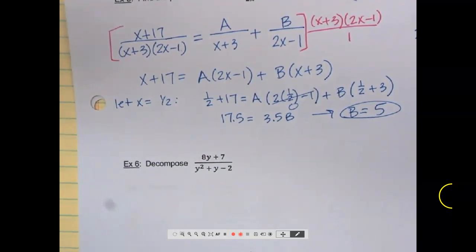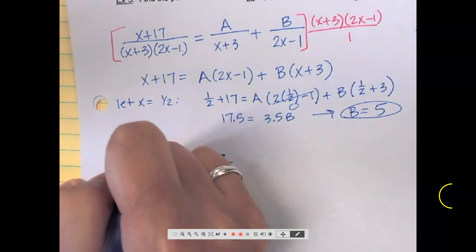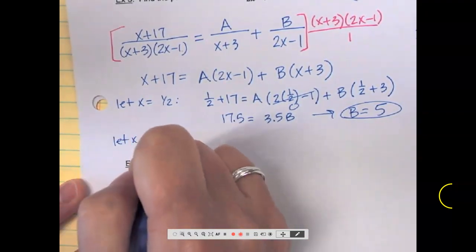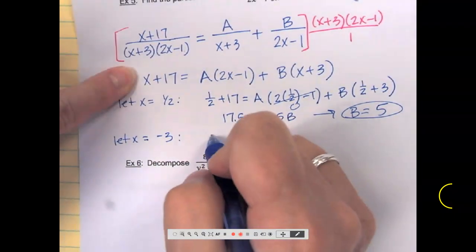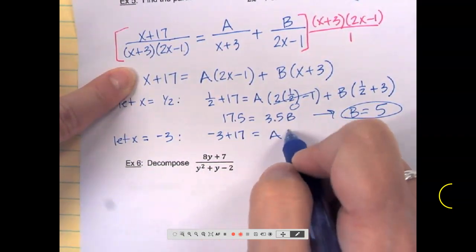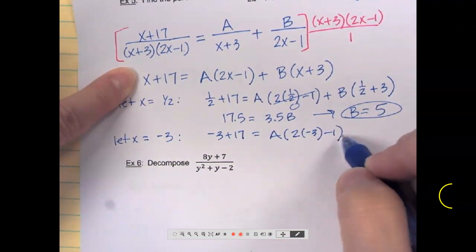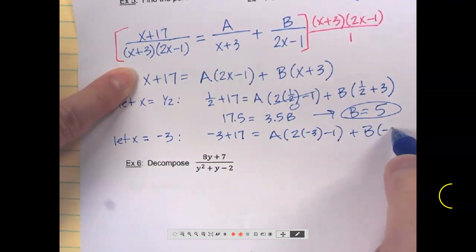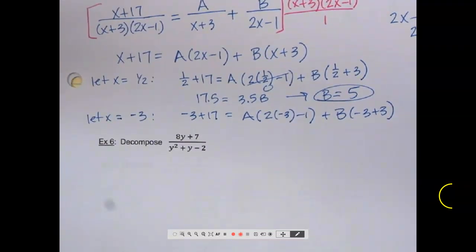All right, next we'll go with the easy one. I'm going to let x equal, what do we say? Negative 3. Okay, negative 3 plus 17, a, 2, negative 3, minus 1. Okay, all x's get replaced with negative 3.